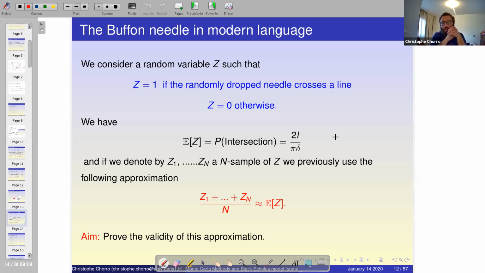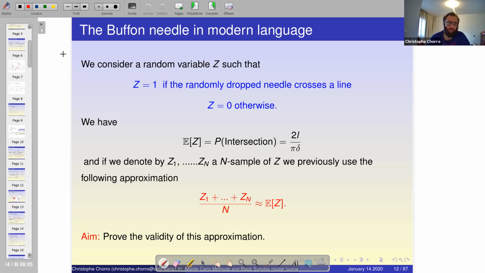Z1 is equal to 1 if the first needle crosses a line, 0 otherwise. Z2 is 1 if the second needle crosses a line, 0 otherwise. So if I do the sum Z1 plus Z2 plus Zn, I recover what I denoted previously by capital X, the number of needles that cross a line. So previously, I said that capital X over N is an approximation of my probability of intersection, that is here just the expectation.